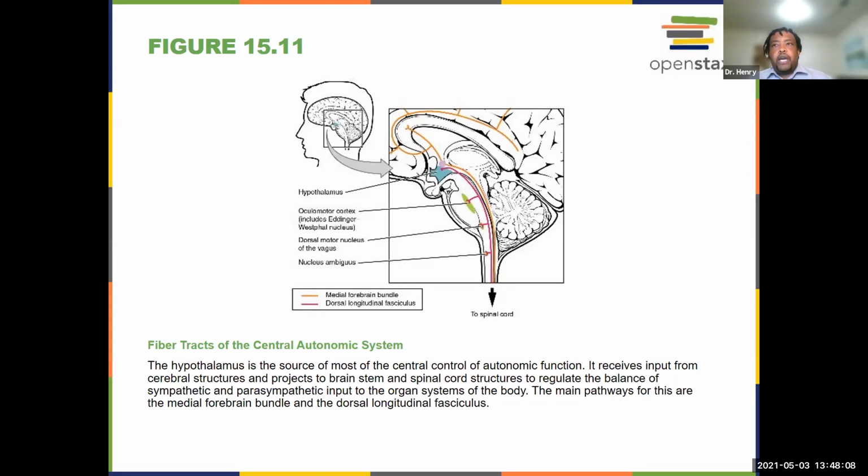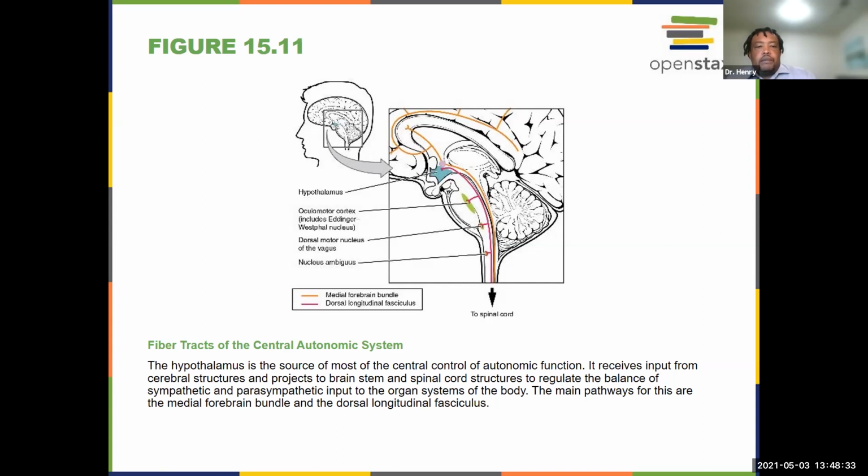So the hypothalamus is kind of the organ that combines the endocrine system with the nervous system. They're kind of conjoined in that way. So it's also responsible for the central control of that system.